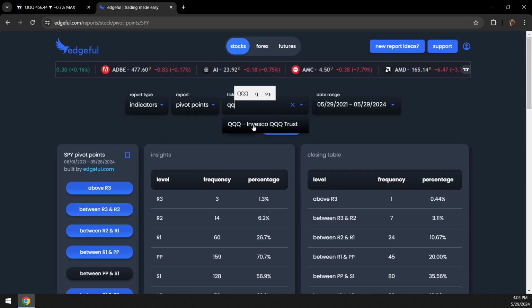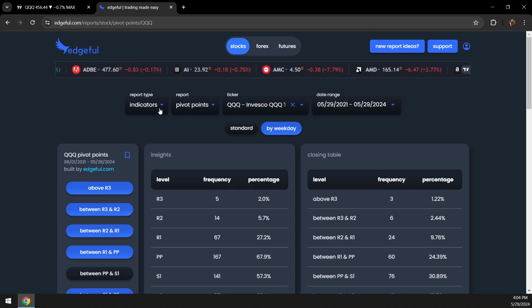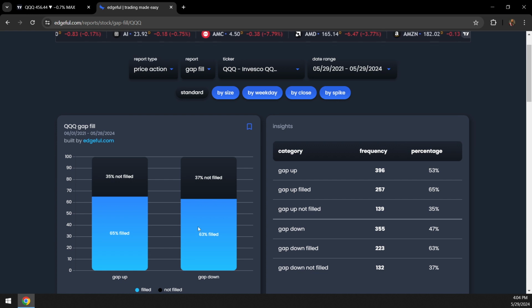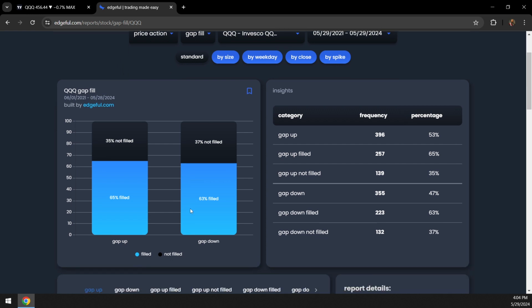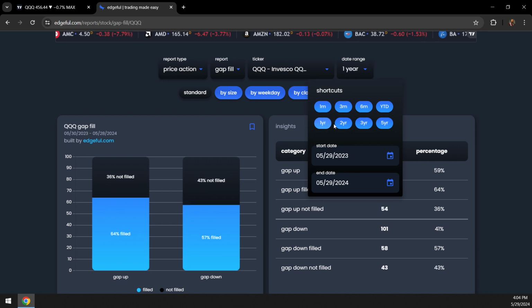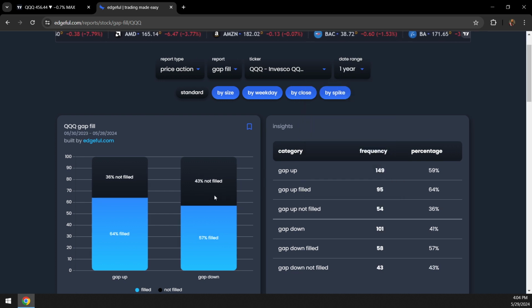Let me jump over and show this, and we'll go to the gap fill report. So if you just look at this report on the surface, you're going to say, okay, gap up, 65% of the time you're going to fill it. That's over the last 3 years. Let's go back into 1 year. Let's just be nice here.